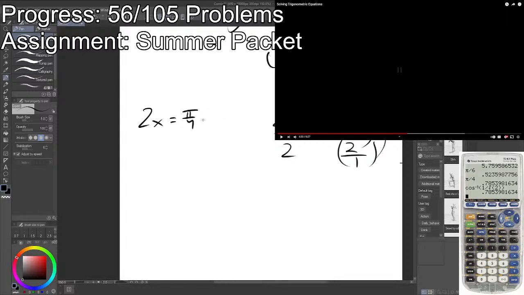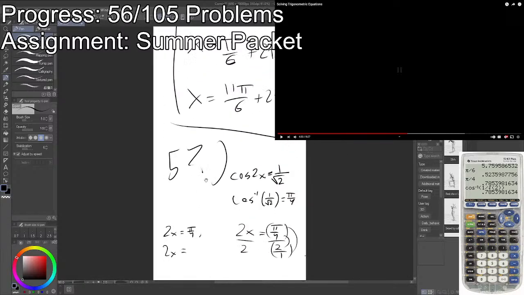So it'd also be 2x equals 5 pi over 4. Or no, that's not it. I gotta draw the unit circle.